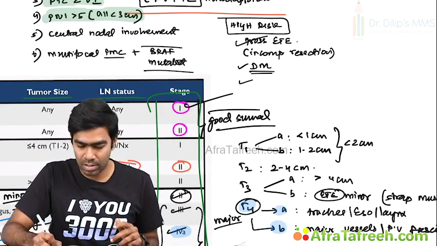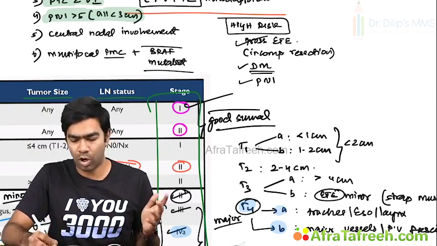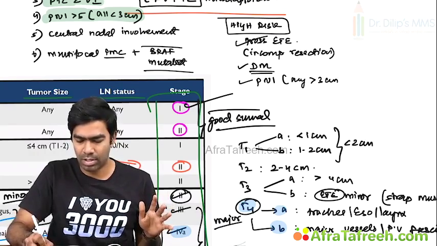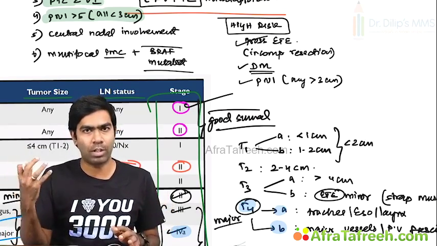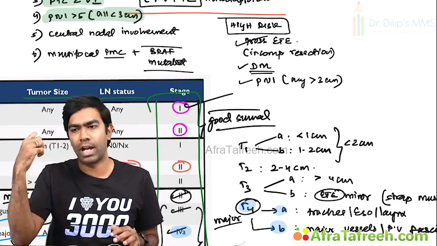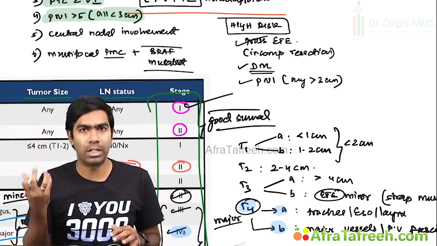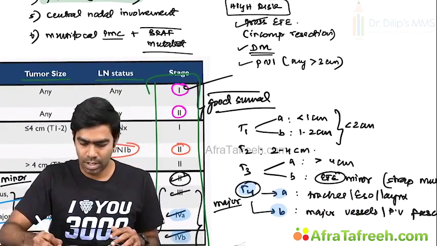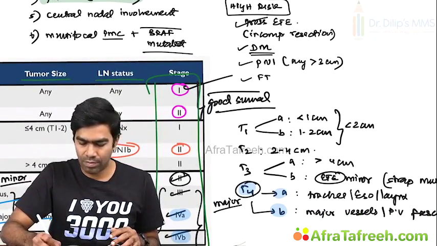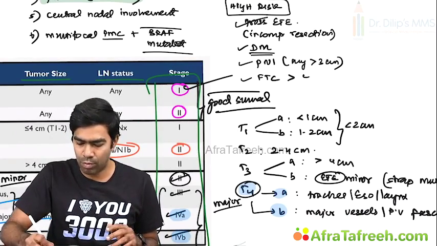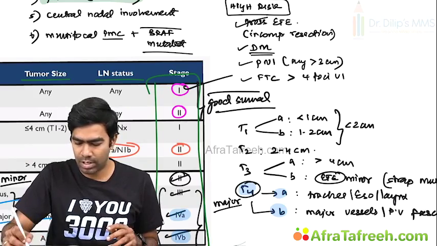Then if the patient has pathological nodal involvement or any node more than 3 centimeter. You have an involved node pathologically, you can see the tumor cells in the node, and the node is very bulky, more than 3 centimeter, bulky nodes, high risk. Then if you have follicular thyroid cancer with more than 4 foci of vascular invasion.